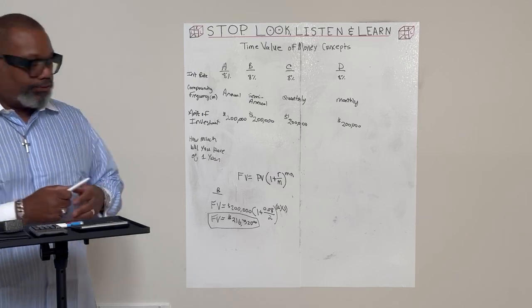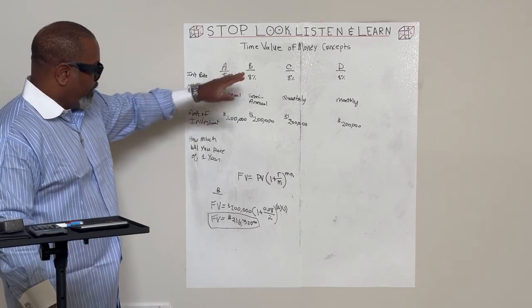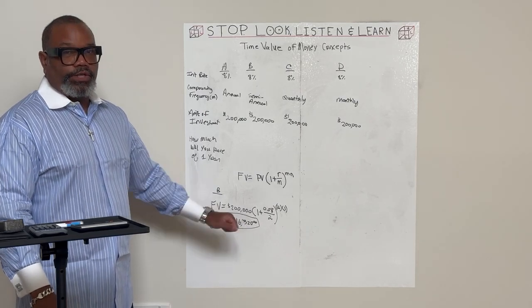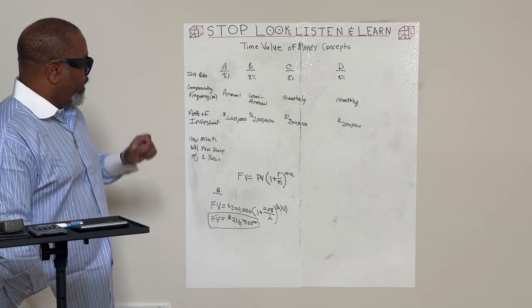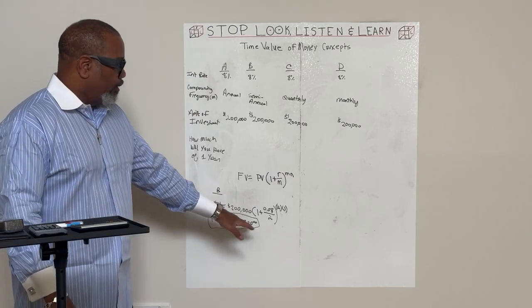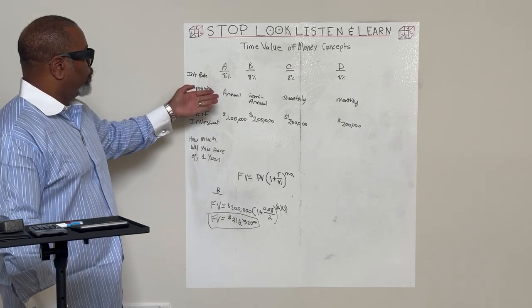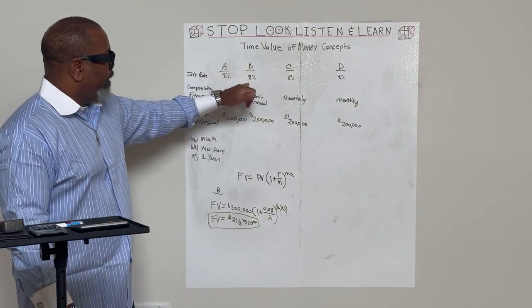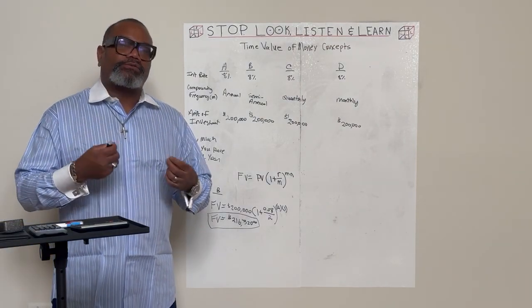Now, what you should notice right away is that by going with Bank B, you're going to end up with $320 more than you would end up with if you had gone with Bank A. And that $320 differential is attributable to the compounding period. In other words, at Bank B, the interest is going to be working harder for you. That's one way to think of it.